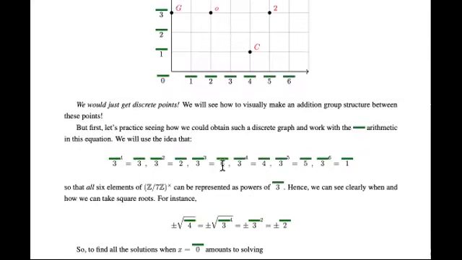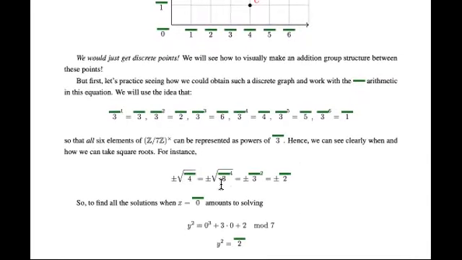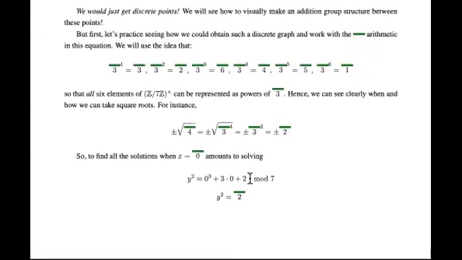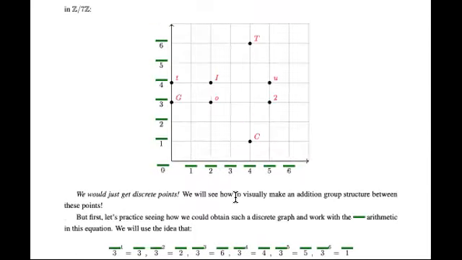By looking at the powers of 3, the first, second, third, fourth, fifth, sixth, we actually get the non-zero elements of mod 7 all as powers of 3. So if we rewrite 4 bar as 3 to the 4th, then we know what the square root is, plus or minus. That allows us to plug values of x in, find what values of y work, and get a curve.